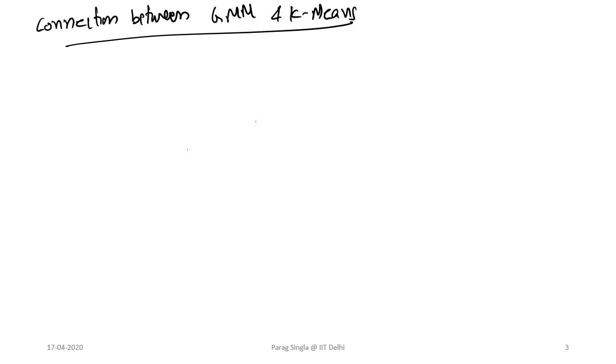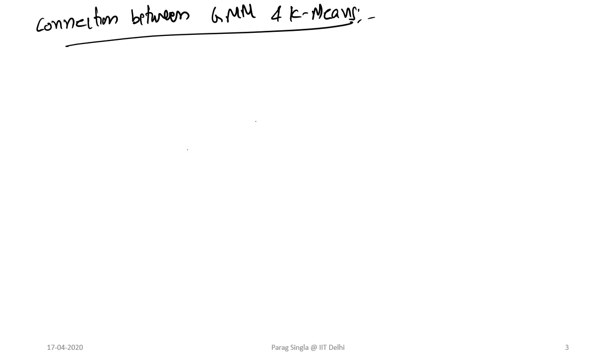Before we go to the EM algorithm, there are a few remarks that I want to make, which is about the connection between the GMM, Gaussian mixture models, and the k-means algorithm, right?